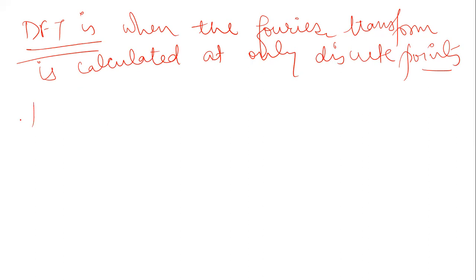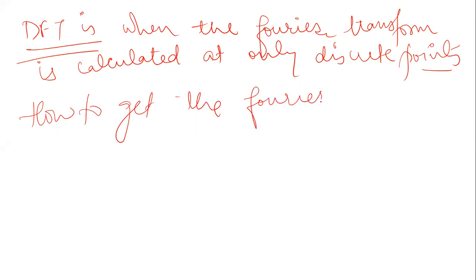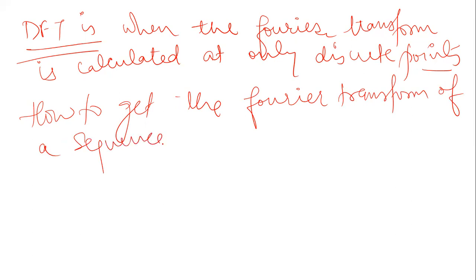Now, how to get the Fourier transform of a sequence at discrete points? Now, the question is how to get this.